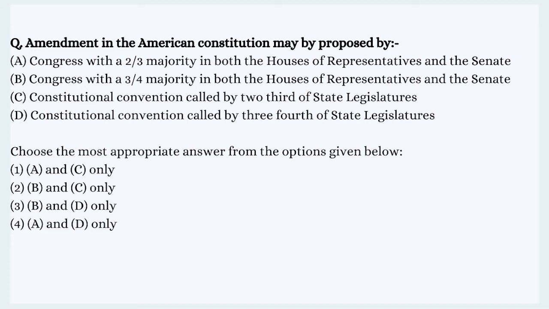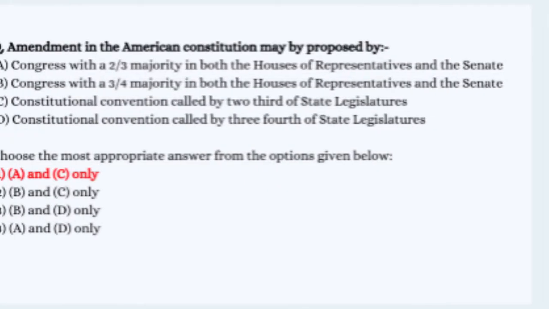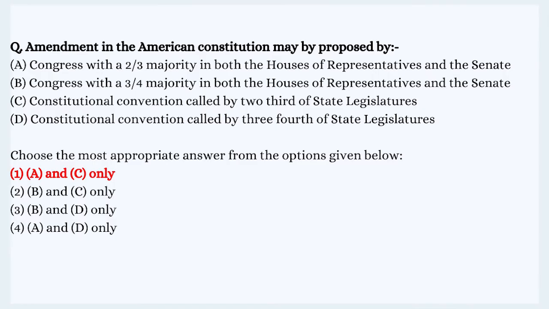Article 5 provides that an amendment may be proposed either by the Congress with a 2/3 majority vote in both the House of Representatives and Senate, or by a constitutional convention called for by 2/3 of the state legislatures, right? So according to this, statement A and statement C are the correct option. Hence, option number 1 is the correct answer.